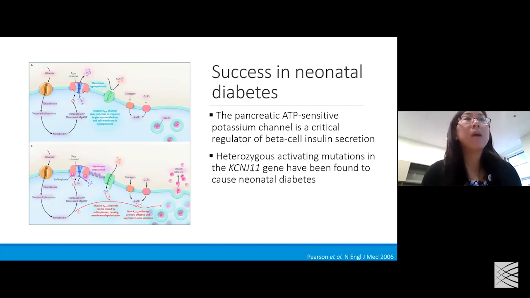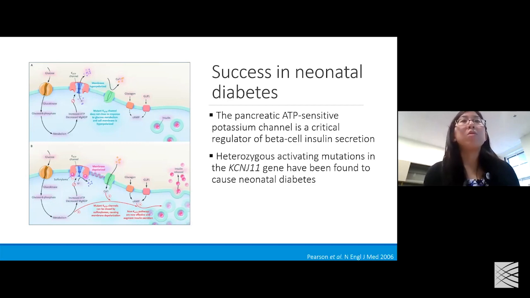And so panel B here illustrates glucose metabolism, where presence of glucose causes increased intracellular levels of ATP, leading to closure of the ATP-sensitive potassium channel, which is a key regulator of beta cell insulin secretion.